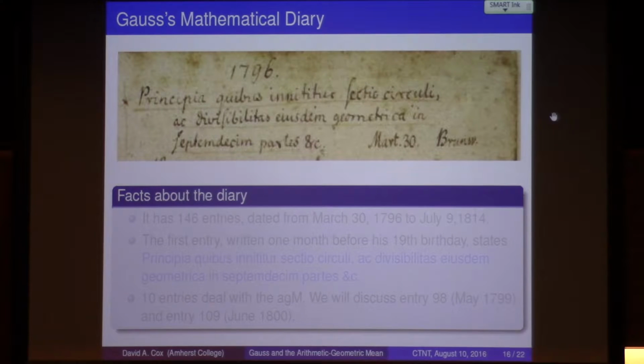And it turns out that this is, so Principia, so that's sectio circuli, that's circular sections. So what do you think that letter is? It's an S. But what does it look like? It's an integral sign. That's because in the 18th century, sometimes you see an S that's written like a normal S, but for reasons that I don't understand, sometimes they wrote an S in this really elongated way, and that's why we use the integral sign.